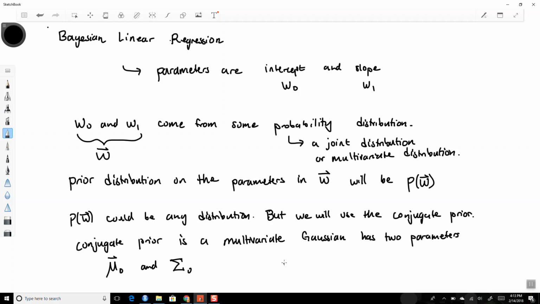And so we will say W comes from a multivariate normal with vector mu 0 for the mean and matrix sigma 0 for the variance. Or we can also just write this as the probability of W given the hyperparameters mu 0 and sigma 0. Okay, so these things define the prior distribution for W.